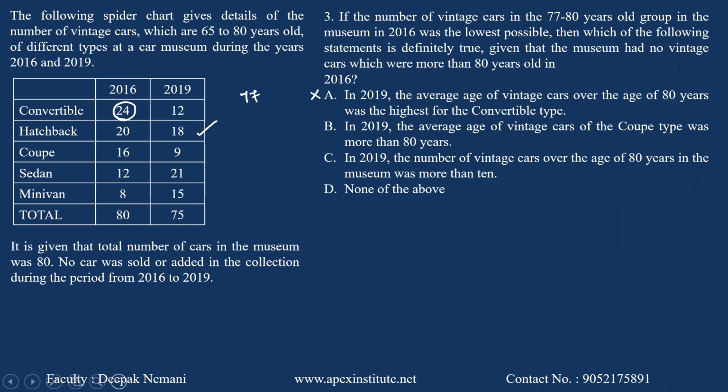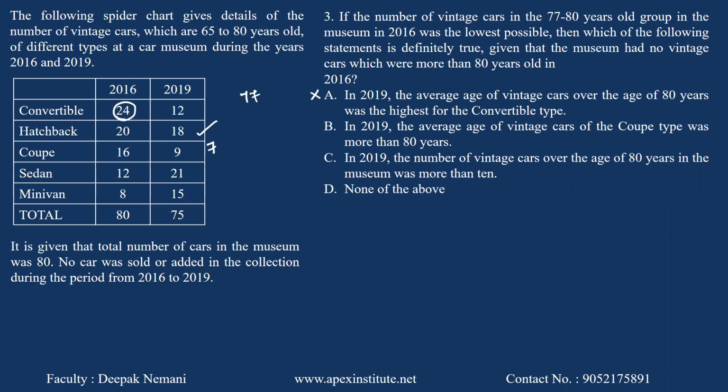Now, in 2019, the average age of vintage cars of the coupe type was more than 80 years old. So we cannot comment on that either. So you have 7 cars being decategorized as vintage cars by the year 2019. What if the cars were around 79 years old as of 2016?